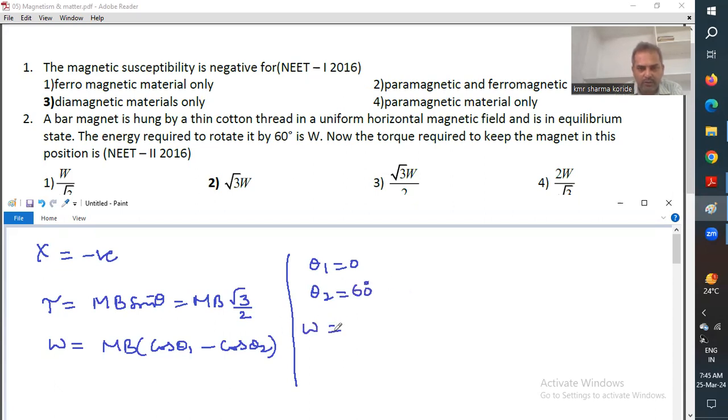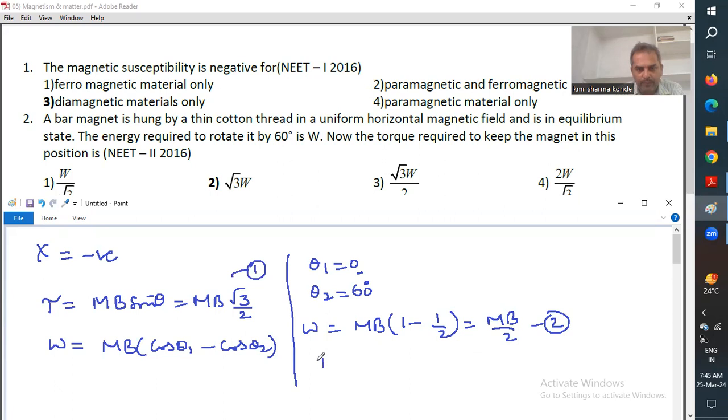So now W is equal to work done. So mB will be same. Theta 1, cos 0 is 1, minus theta 2, cos 60 is 1 by 2. If you simplify this, the LCM will be 2. 2 minus 1, so it will be mB by 2. Call this equation 2. Call the earlier one equation 1.